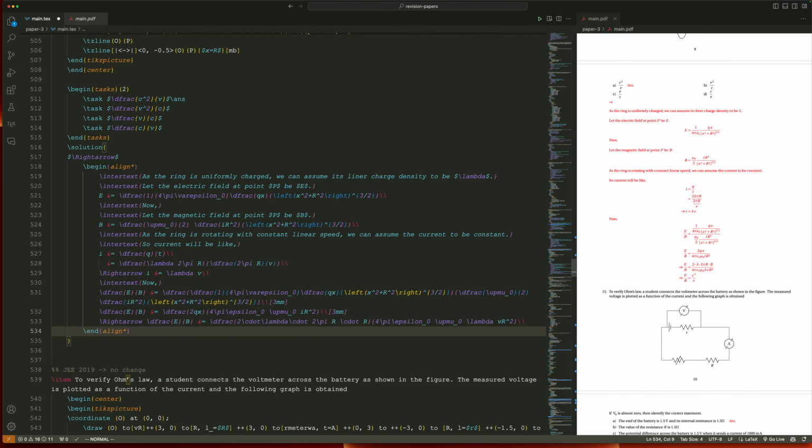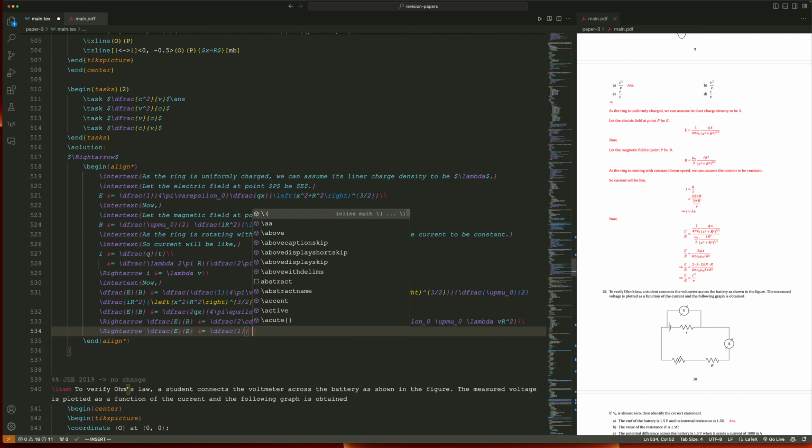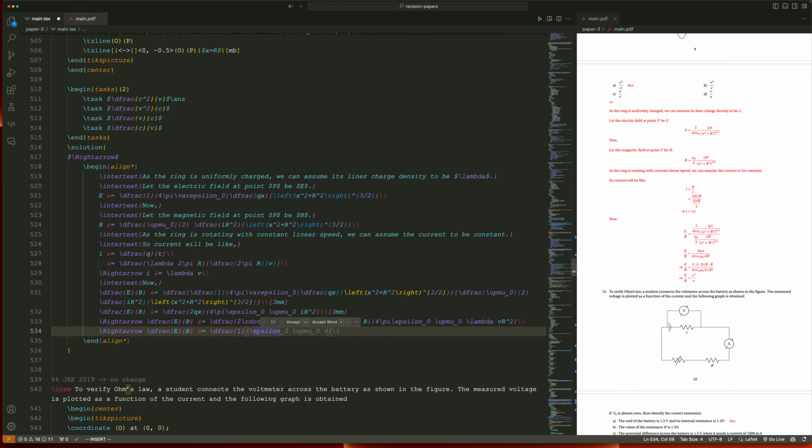Let me start from the previous line. Let me change this. So r square will get cancelled out, 4 pi will get cancelled, lambda will get cancelled out, and that means in the numerator we will have only one, and 4 pi is cancelled out, lambda v, that means mu naught epsilon naught times v.